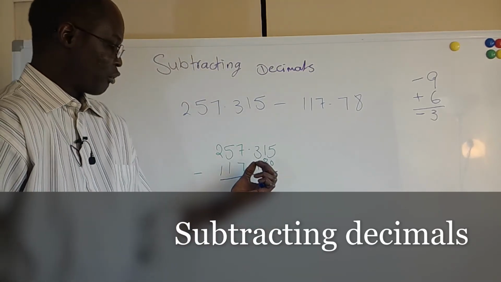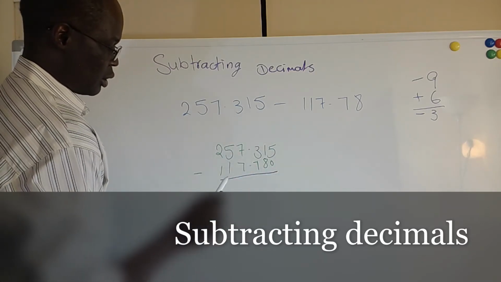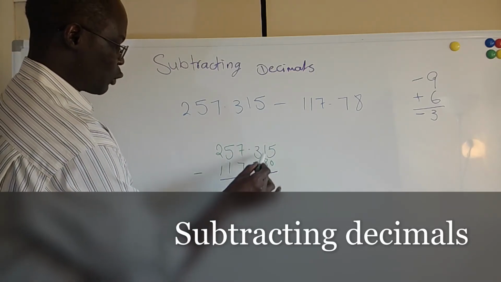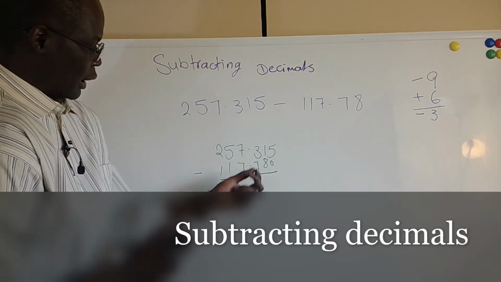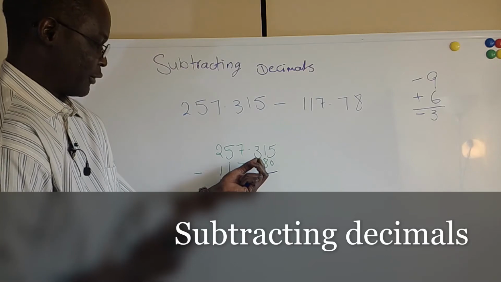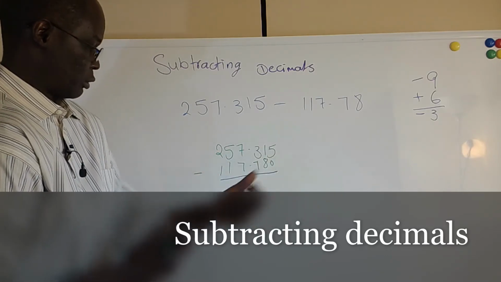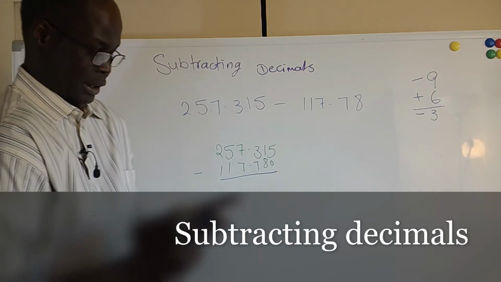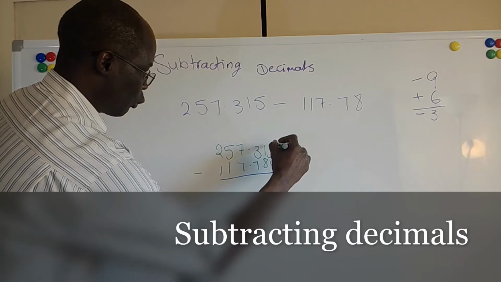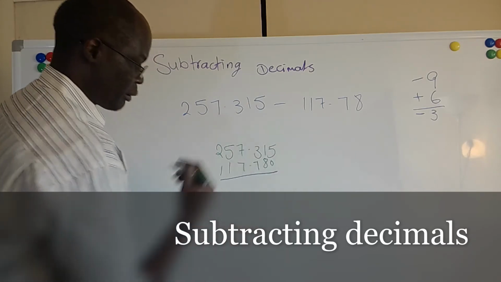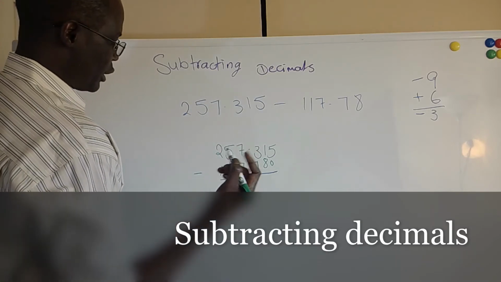Another thing you have to know is that we borrow a number. When we subtract 1 from 8, that's fine, but when 1 is less than 8, we're going to borrow from 3. Let's do it. When you subtract 0 from a number, it's still the same number, because 0 is nothing.